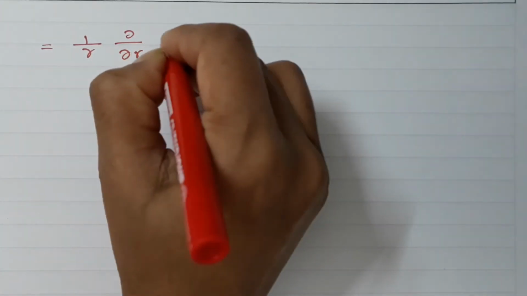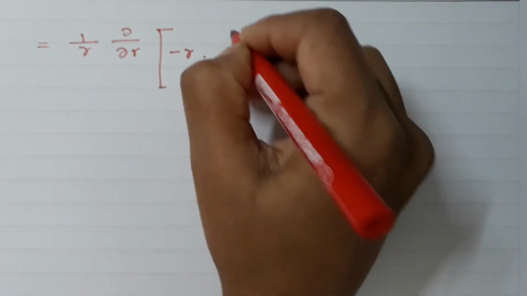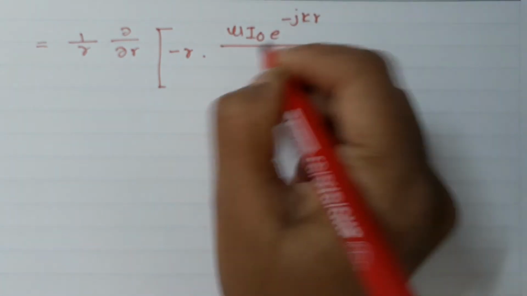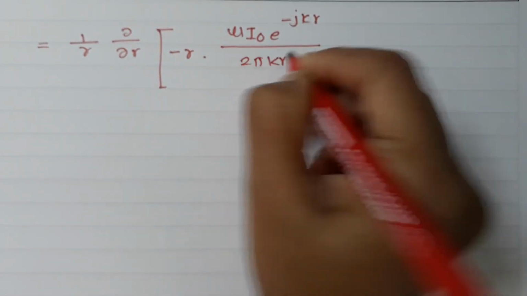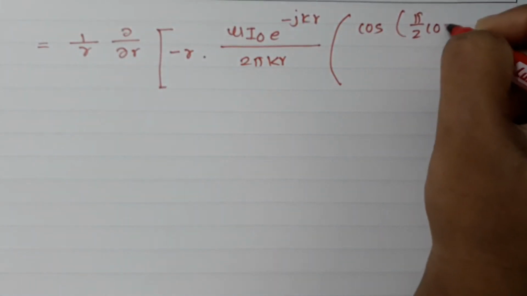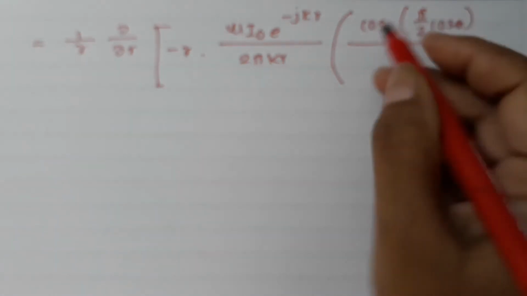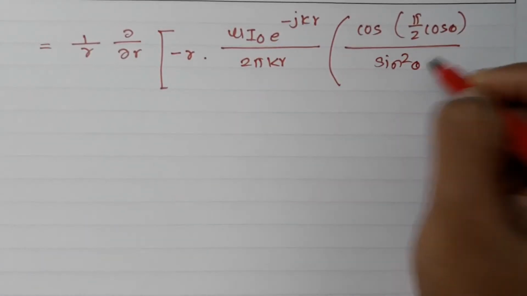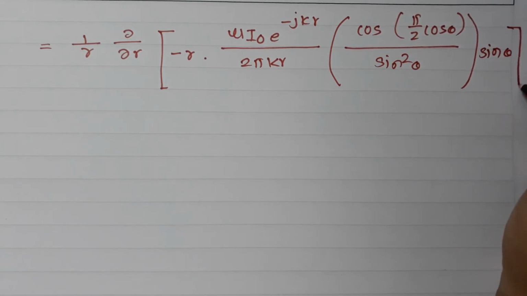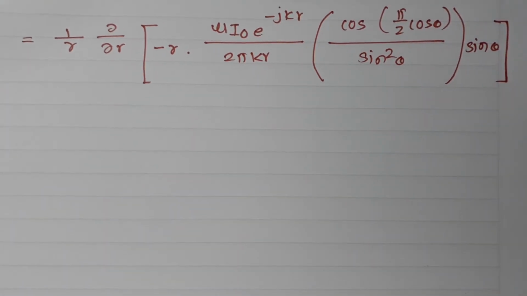Here I can write is equal to 1 upon r d by dr minus r mu I square e raised to minus j kr divided by 2 pi kr cos pi by 2 cos of theta divided by sine square theta into sine theta, and the bracket complete. Now let us solve this particular equation.